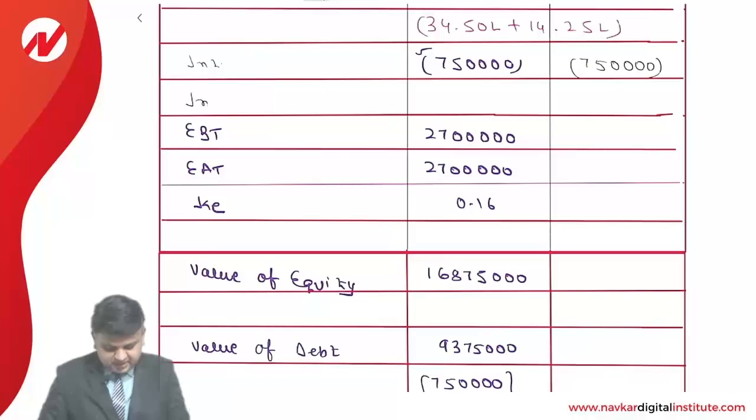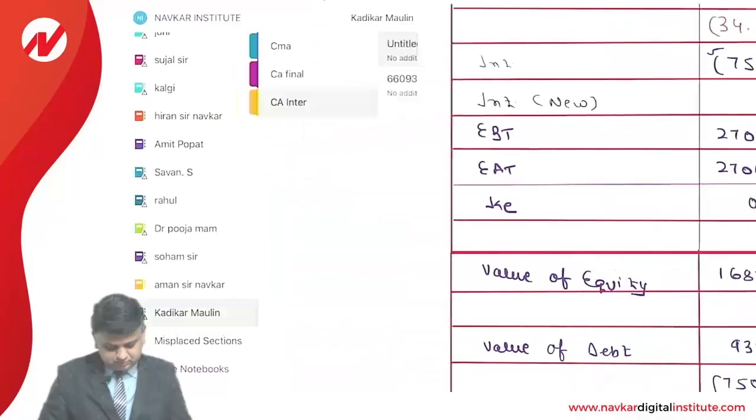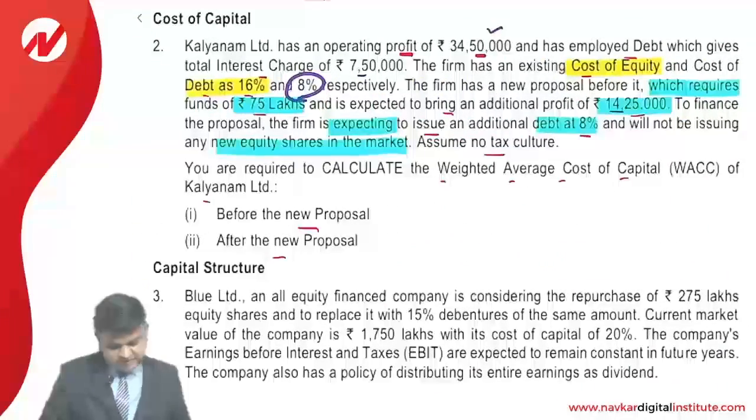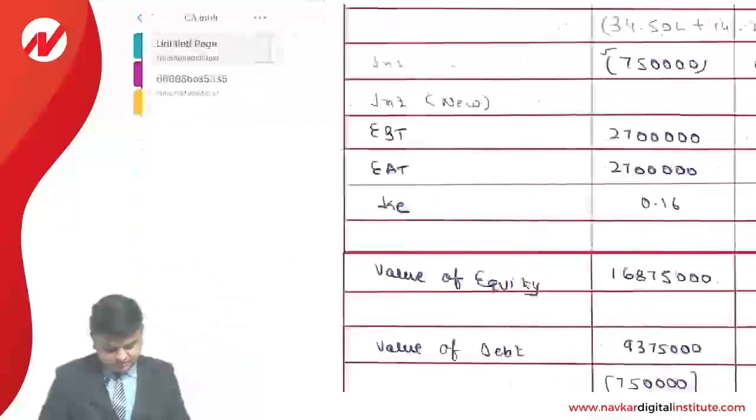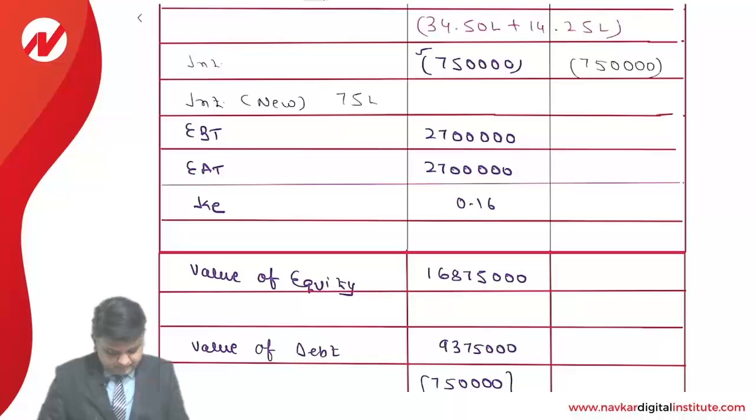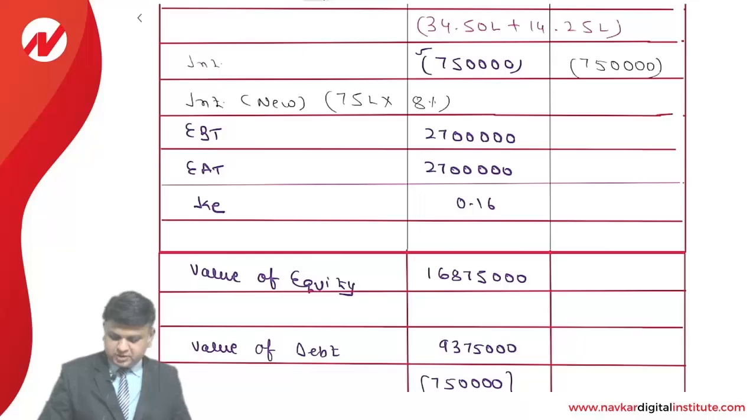Again I am writing interest, in bracket I am writing new. It has been given that 75 lakhs at a rate of interest of 8%. So 75 lakhs into 8%, that comes to 6 lakhs.